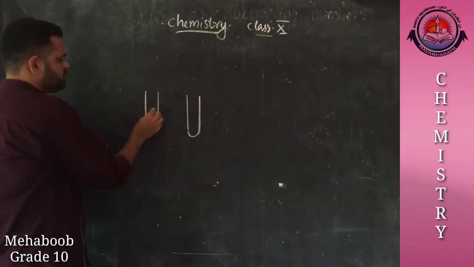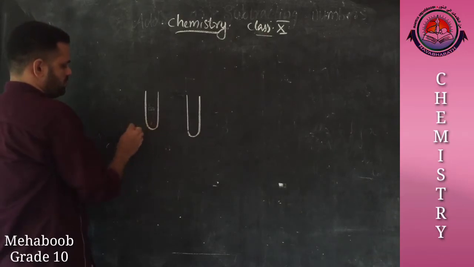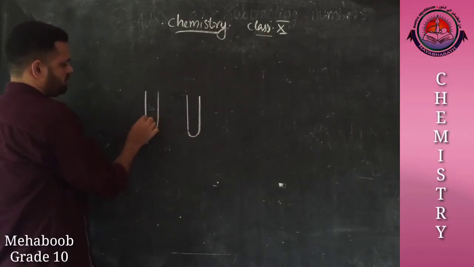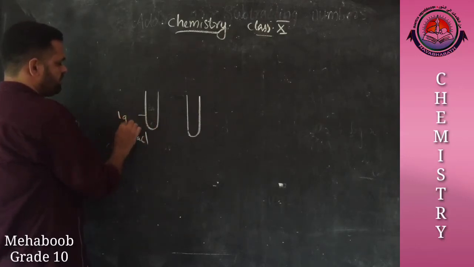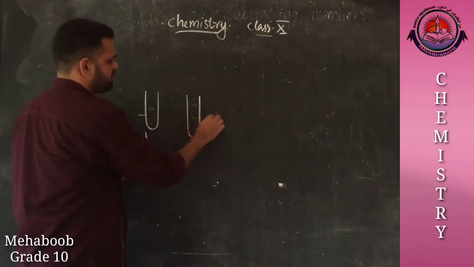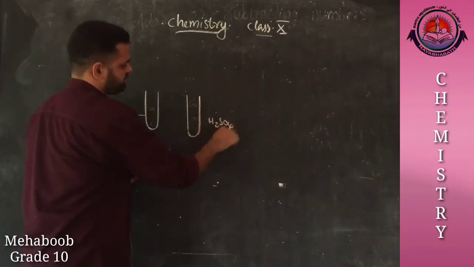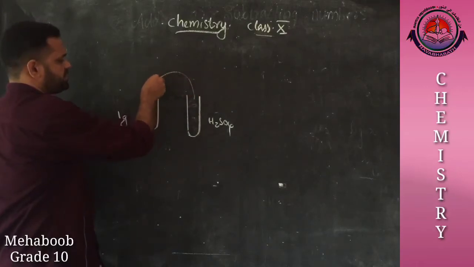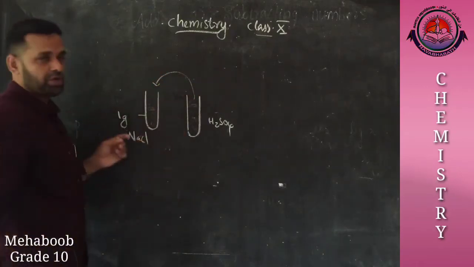In one test tube you take 1 gram of sodium chloride, and in another test tube you take sulfuric acid, H2SO4. Then you add this sulfuric acid into the sodium chloride.